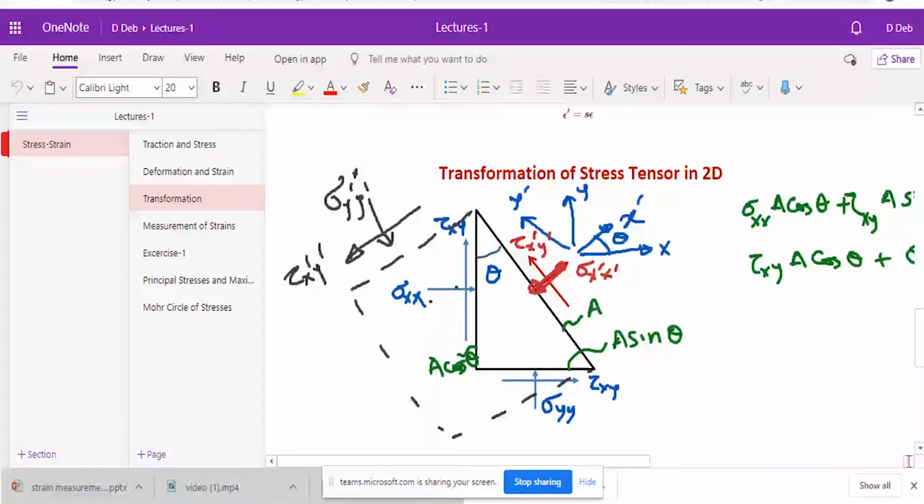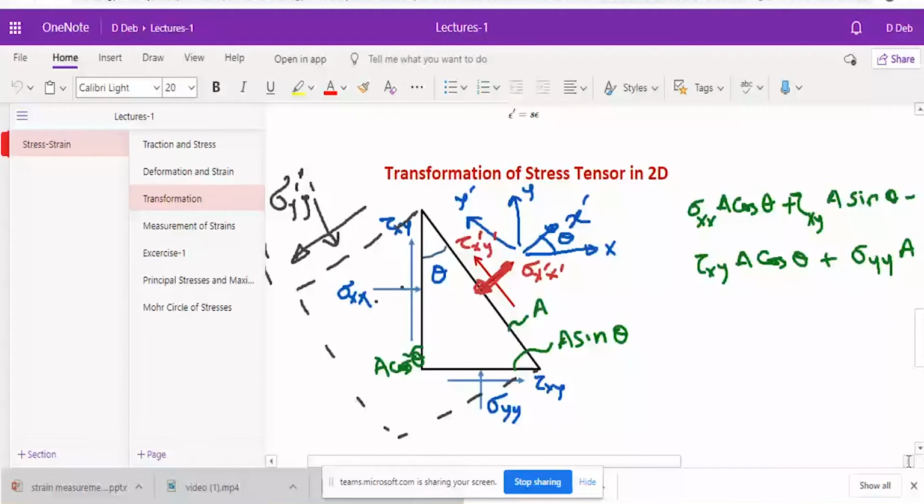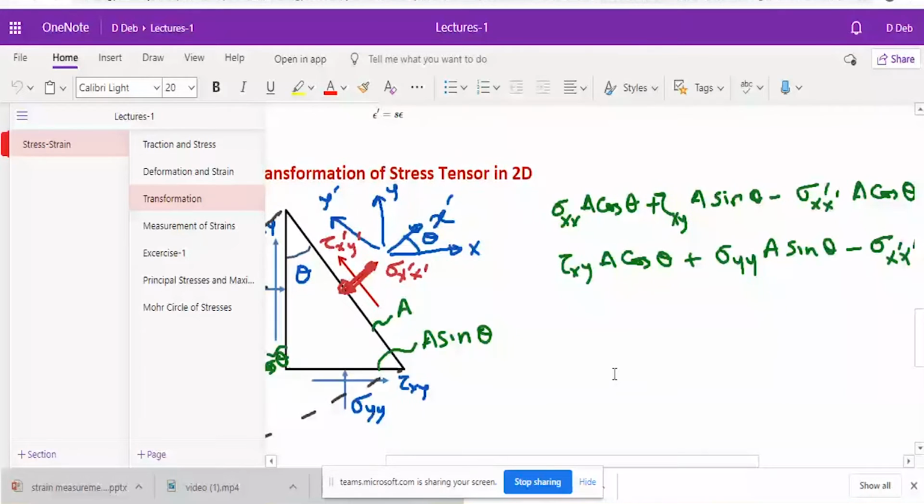So you can see sigma xx into A cos theta, that is the area, plus this tau xy into A sine theta. Then we have converted this into X direction and Y direction.